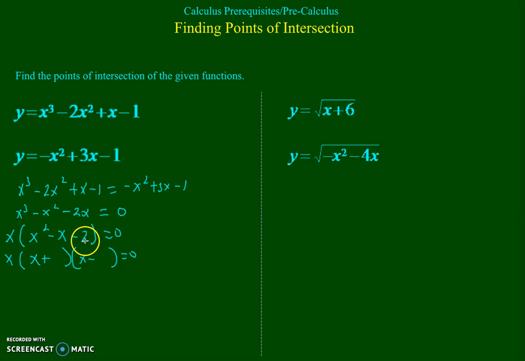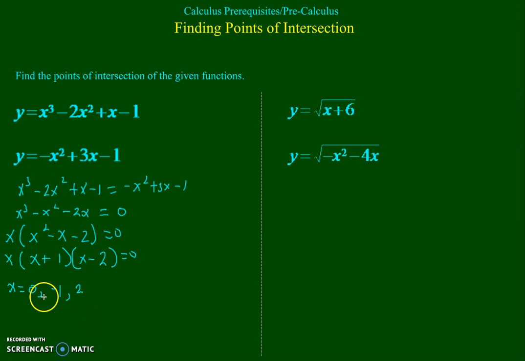And since this is a 2 and this is negative, we'll put the 2 on the negative part. So x squared minus 2x plus x, that gives us our negative x minus 2. So these are our three factors. So now using the zero product rule, we know that one of the x values has to be a 0, because this has no equivalent expression, so x equals 0, then x equals negative 1, and x equals 2.